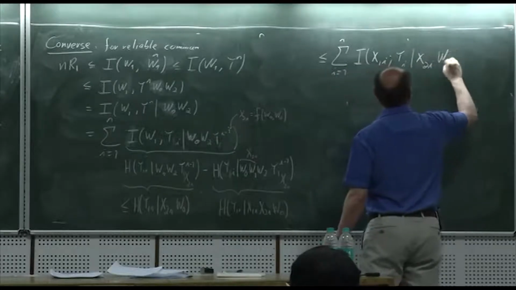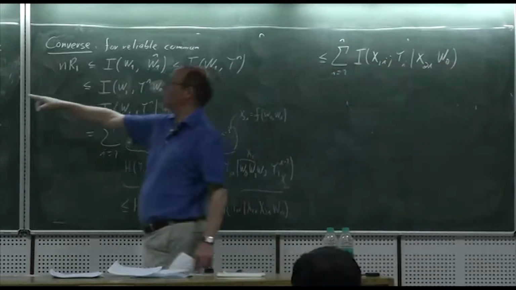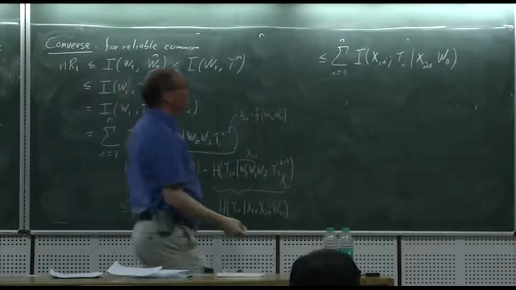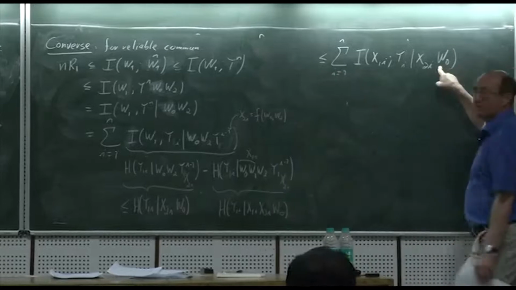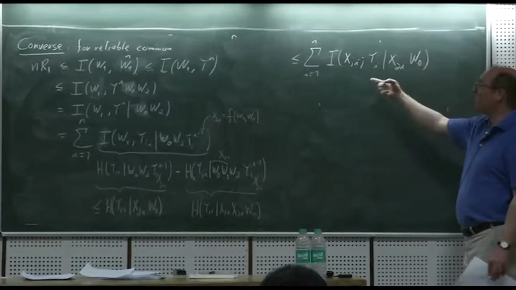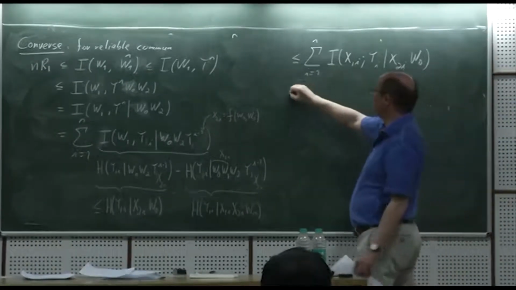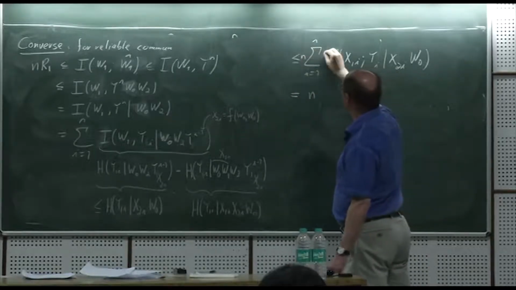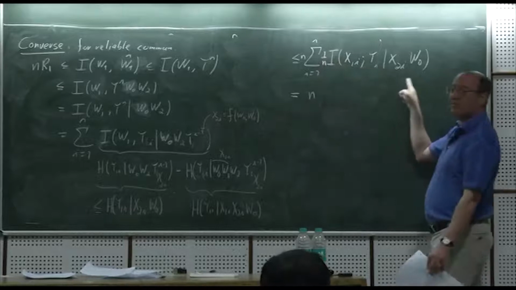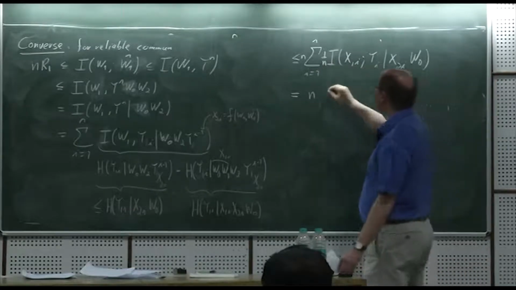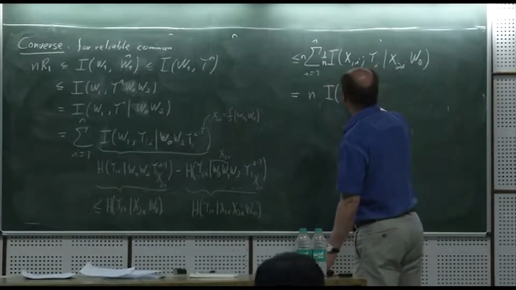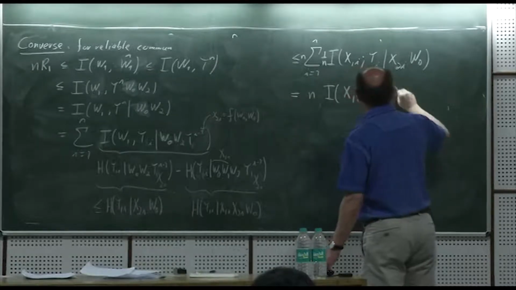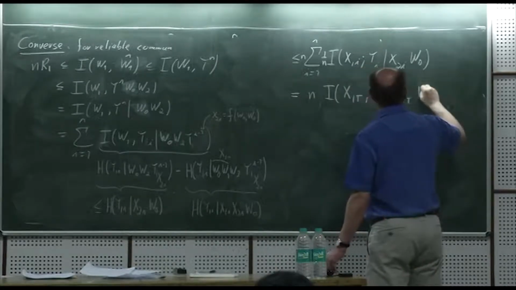So you see we have this now in the form that I wanted: I of X1; Y given X2, U. And my U is not quite going to be W naught. You'll see in a moment why, because now I can do this time sharing trick. This is the same as n, so I can multiply by n and divide by n. So we see this is an average, so I'll introduce my time sharing random variable. This is the same as I of X1t; Yt given X2t, W naught, t.